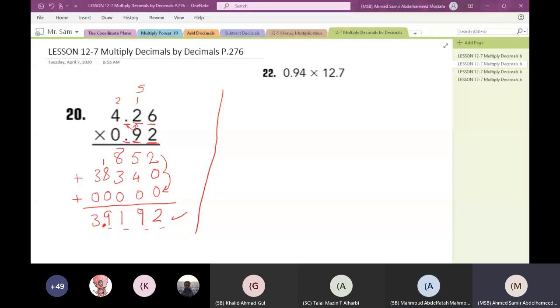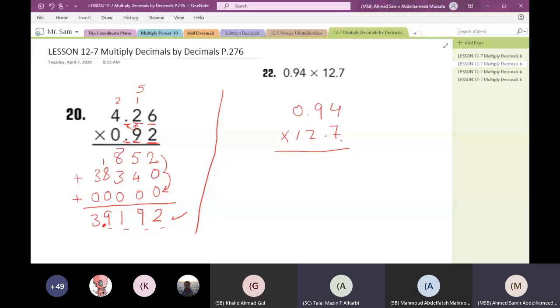All right, would you like me to align this for you? Yes. All right, sure.